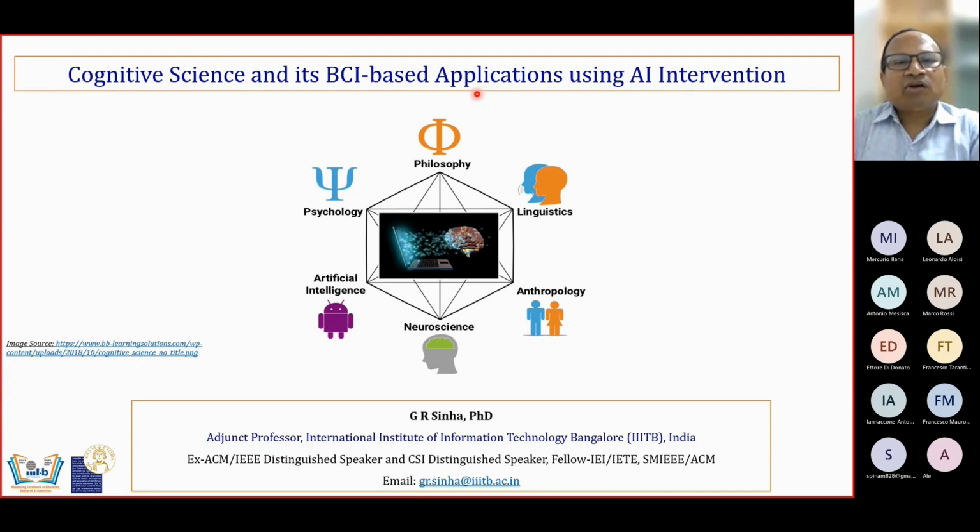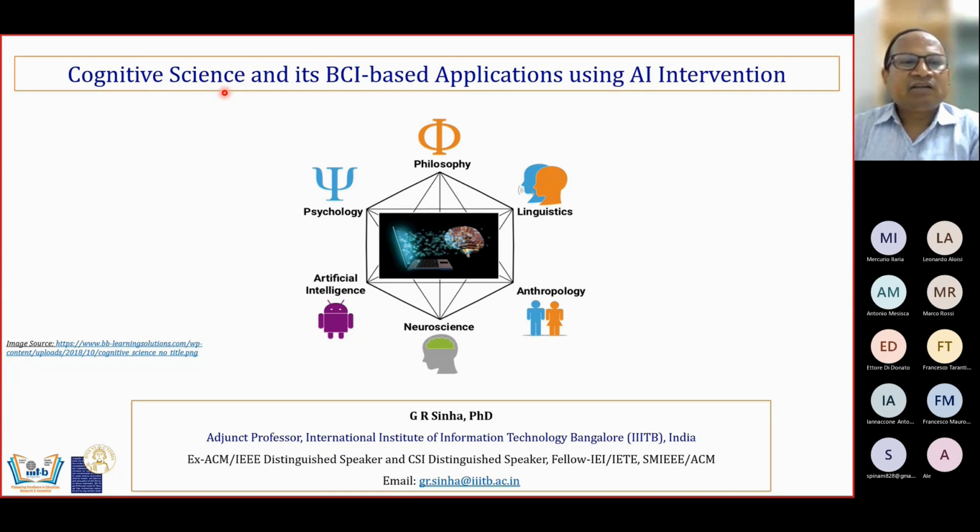It means cognitive science is the philosophy, the pedagogy, the fundamental, the background on which BCI, or the concept of BCI, is based. So all our applications of brain computer interface will be exploiting concepts and thought from the cognitive science domain.